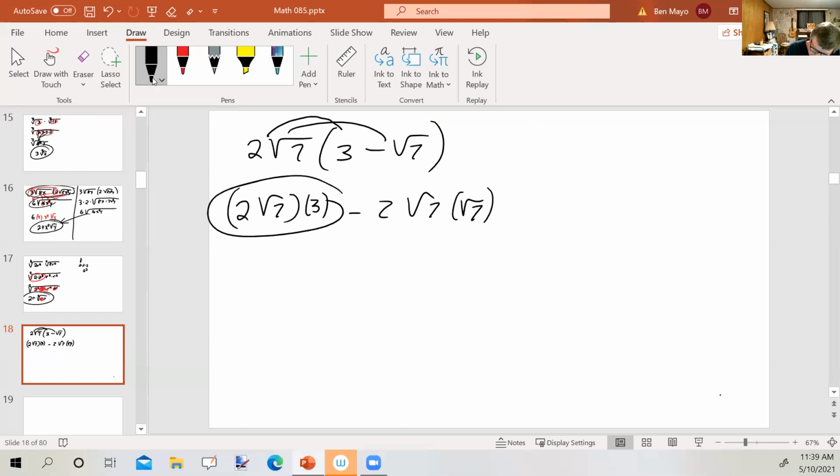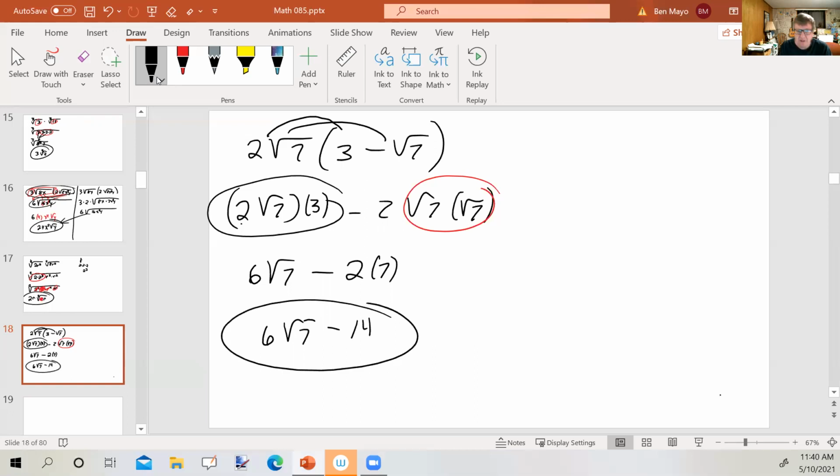So this whole thing would be 2 times 3 is 6 square roots of 7 minus, well, the square root of 7 times the square root of 7 is 7. So that would be 2 times 7, or 6 square roots of 7 minus 14.